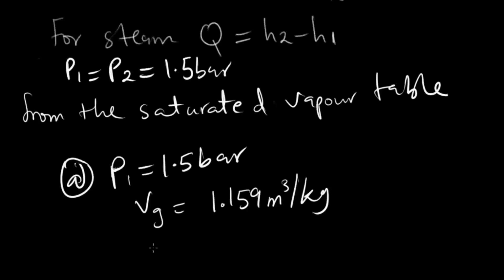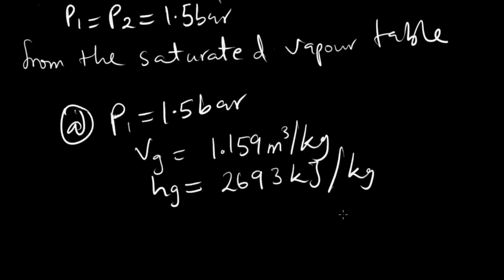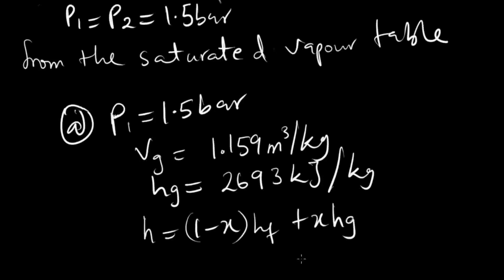Then the Hg is also 2693 kilojoules per kilogram. Now we can go straight to say that H is equal to 1 minus X Hf plus X Hg.